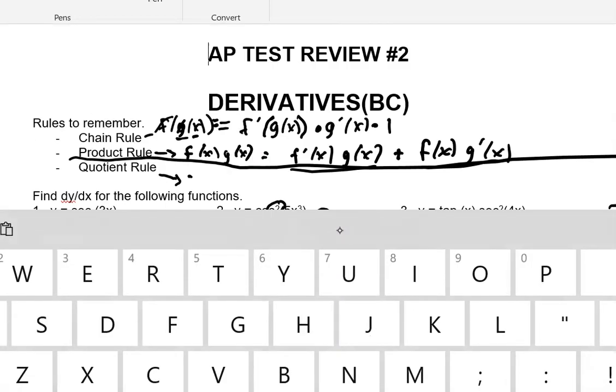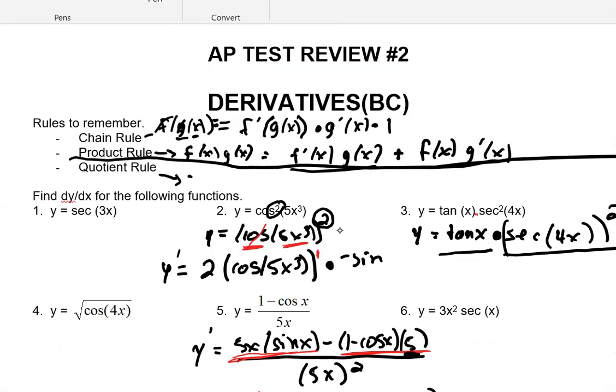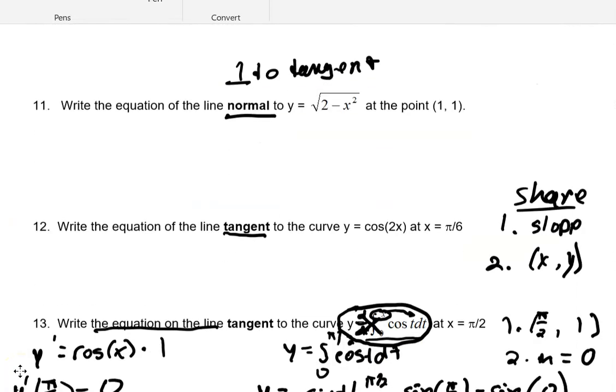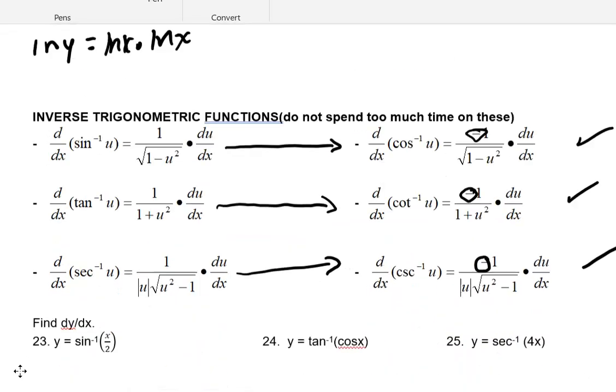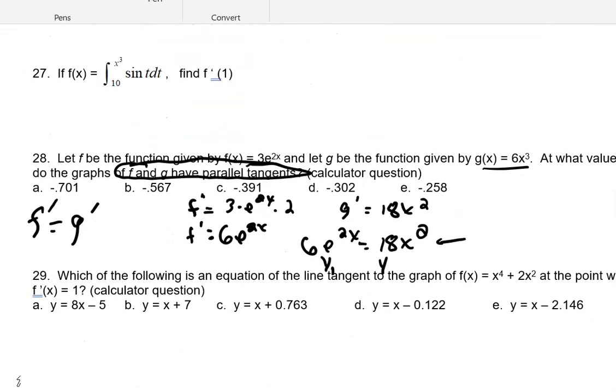All right, this underneath y sub 2, and then you've got to look for the intersection.